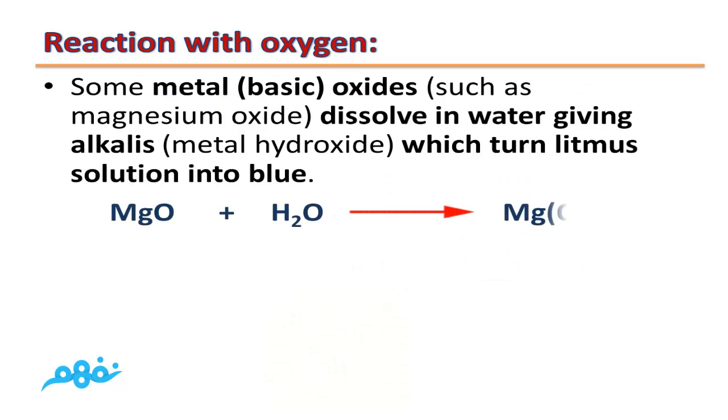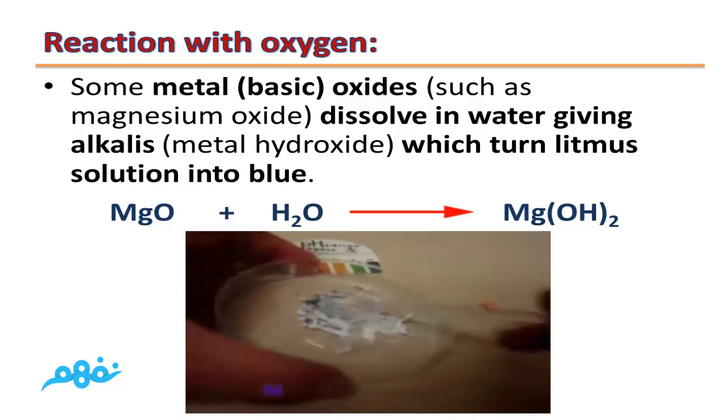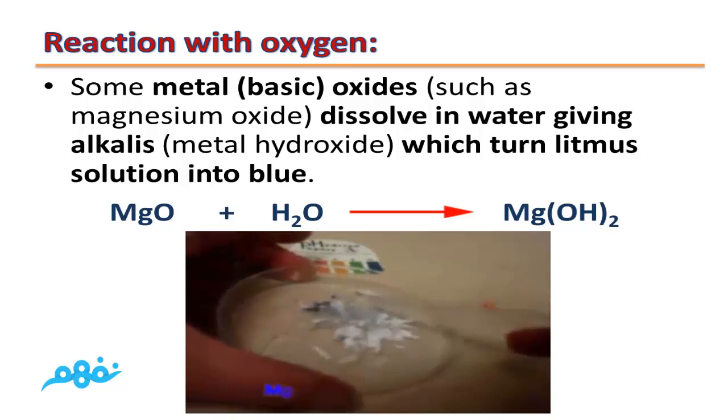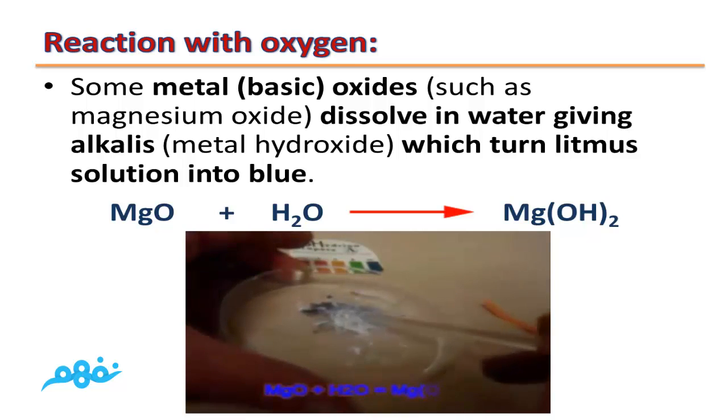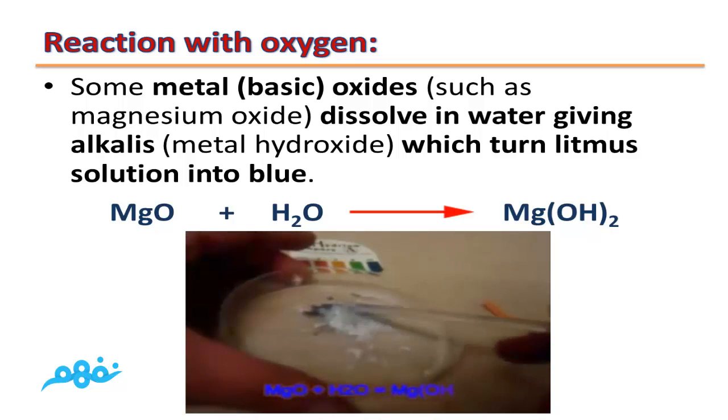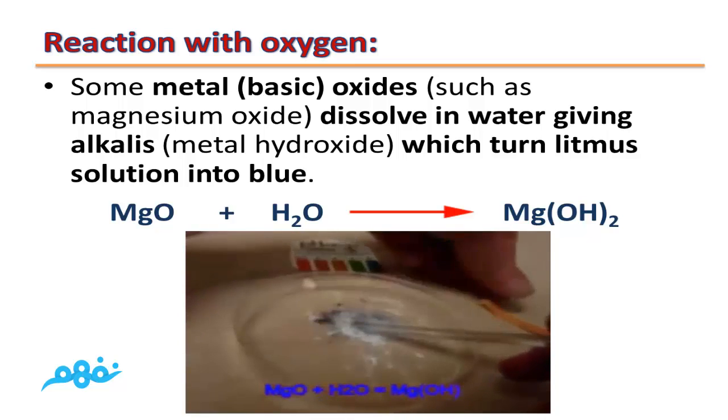Some metal or basic oxides, such as magnesium oxide, dissolve in water, giving alkalis or metal hydroxide, which turn litmus solution blue. For example, MgO, which is magnesium oxide, plus water, H2O, gives Mg(OH)2, which is magnesium hydroxide.